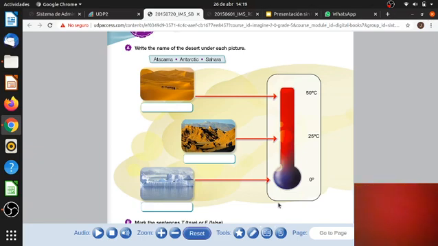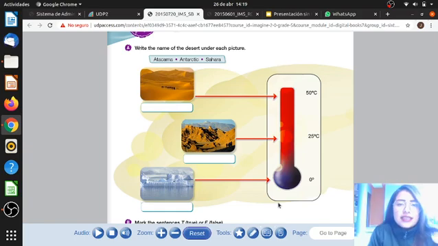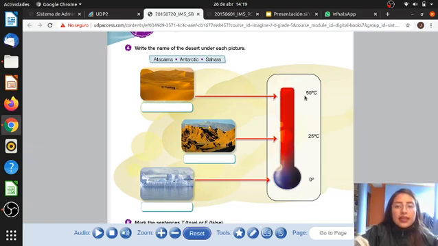Okay, let's start, please. Number 1. Escriba y vamos a comparar cuáles son nuestras respuestas, okay? Number 1 is Sahara, because the temperature in Sahara Desert is 50. Excellent. Grados centígrados. 50 grados centígrados. Sahara. Number 2. According to the reading, Atacama, 25.